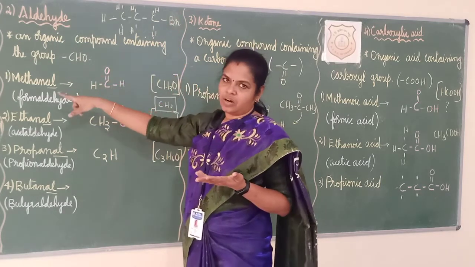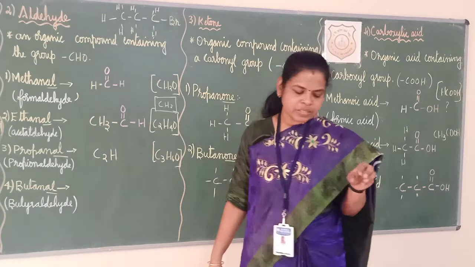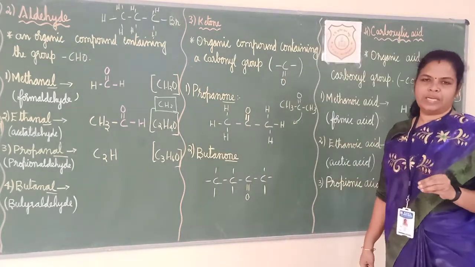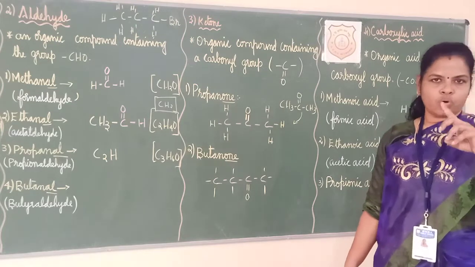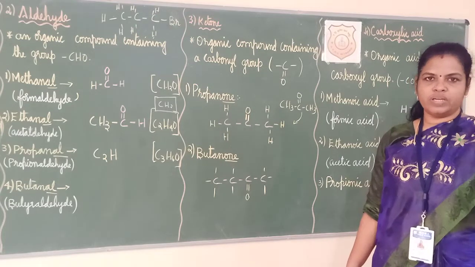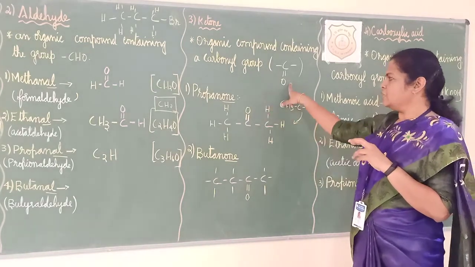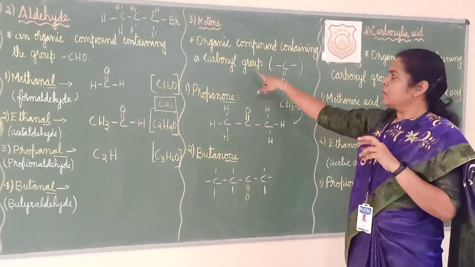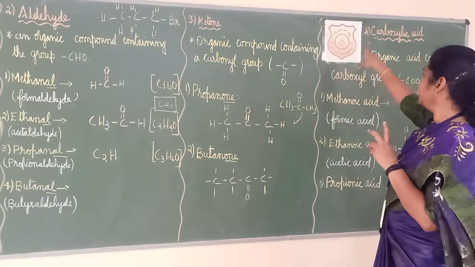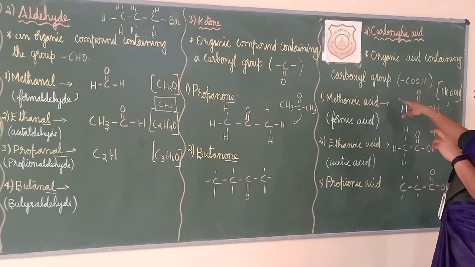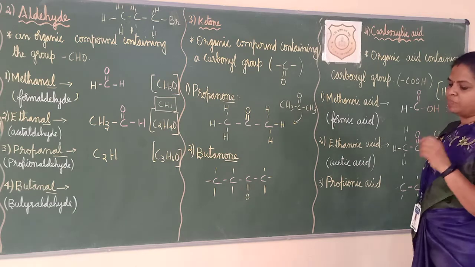And then alcohol: one simple thing is OH should be added. Aldehyde, CHO should be added. Ketone, double bond O, in the middle it should come. If it is 4, it should come like this. So ketone, which group? Carbonyl group. Carboxylic acid, carboxyl group, COOH. So if you study 2 examples, it will be easy.